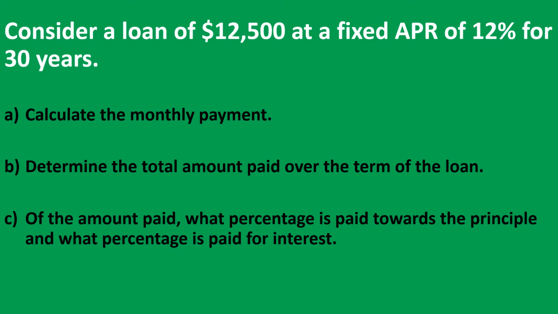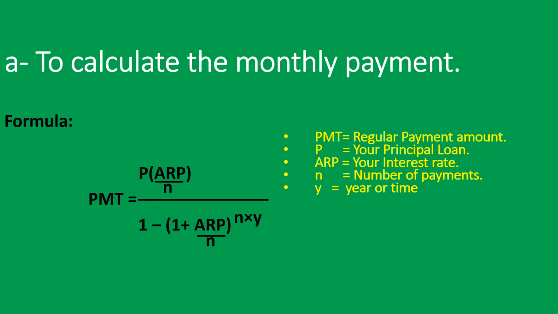So let's see how we calculate this question and how we find out our compound interest and monthly payment. First we're gonna solve the A part, which is asking about monthly payment, and we have a formula for this.